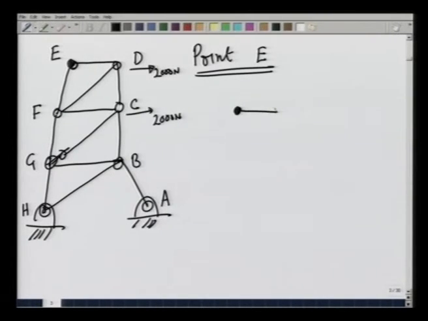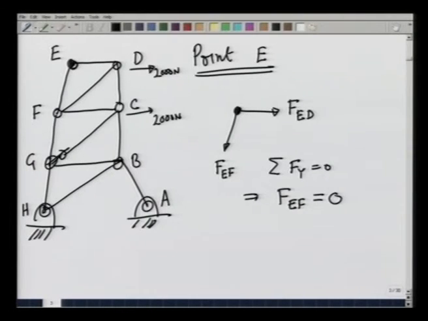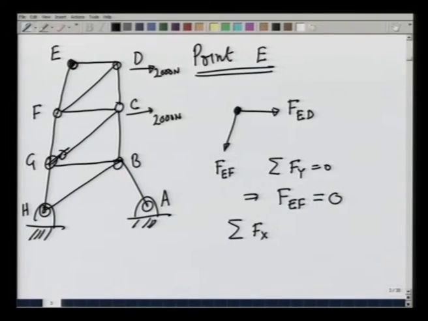There is a force, let us call it F E D, and there is a force F E F. Right away, if I do summation F y equals 0, this gives me that F E F sine of whatever that angle is should be 0, and therefore, F E F is 0. If F E F is 0, then summation F x equals 0 again implies that F E D is 0.